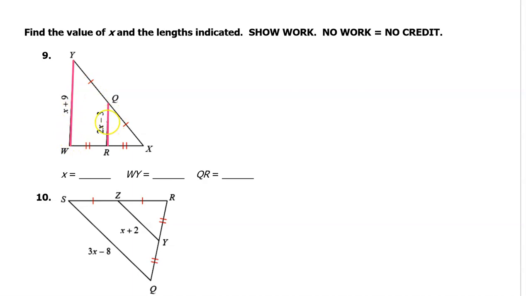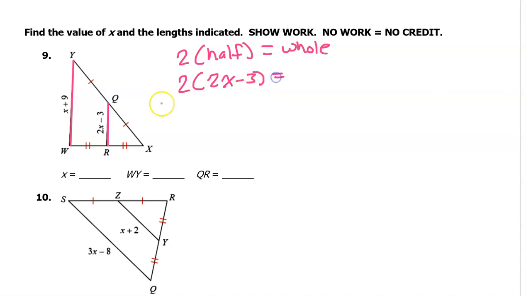So we're going to think of this as a half and a whole. So we know that in general, 2 halves equals a whole. So this will be our model. So the half is the midsegment. So 2 times 2x minus 3 should equal the whole, which is x plus 9.